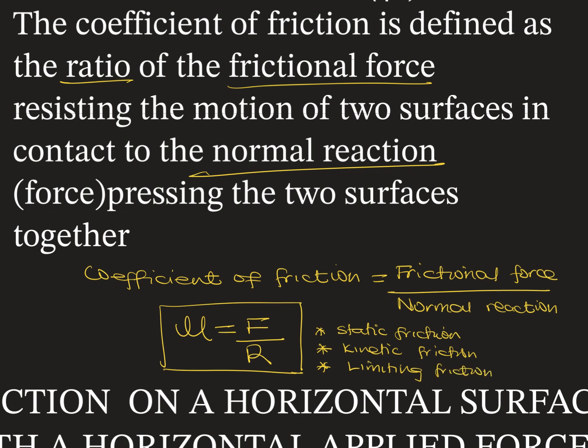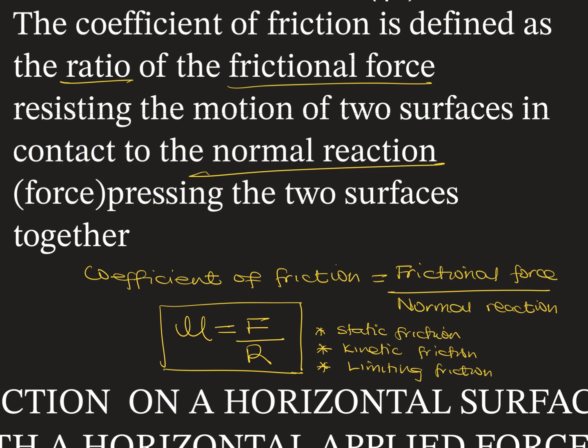So if they ask you the coefficient of static friction, then the frictional force has to be what? Static friction. So it's the ratio of the static friction to the normal reaction. If they ask you the coefficient of kinetic friction, it is the ratio of the kinetic friction to the normal reaction. If they ask you the coefficient of limiting friction, it is the ratio of the limiting friction to the normal reaction. That is the way you have to define it.